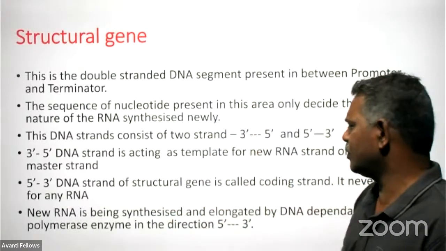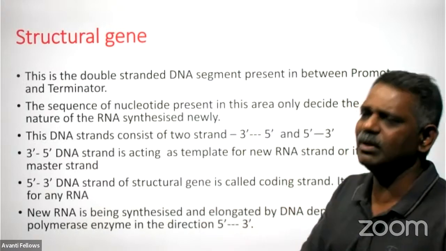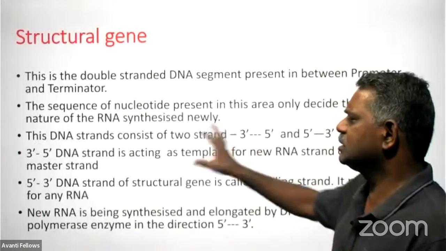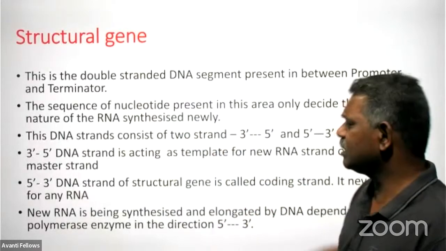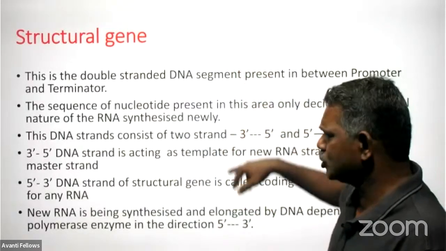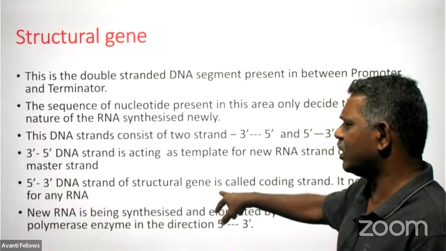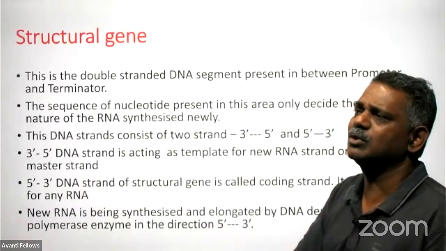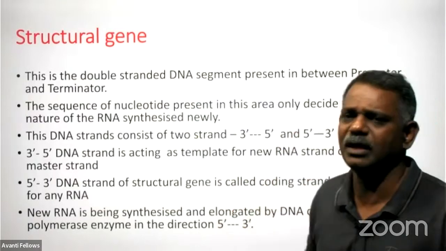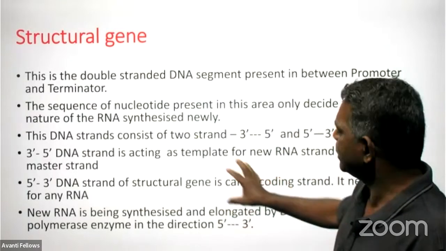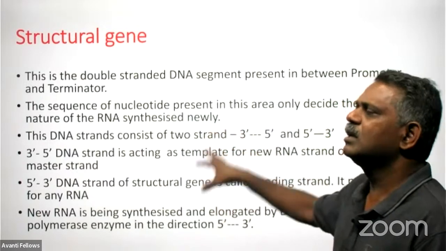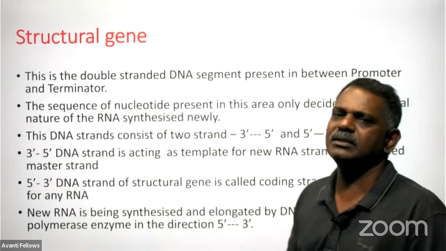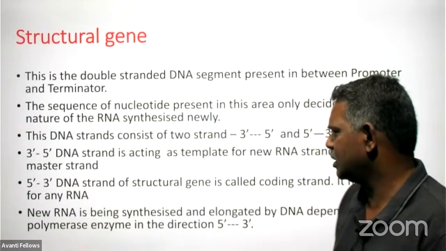Only one difference: in the coding strand, thymine will be there, but in the RNA, uracil will be there. Another one: the pentose sugar present in the coding strand is deoxyribose sugar, because it is a part of the DNA, whereas the pentose sugar present in the newly constructed RNA is ribose sugar, right?